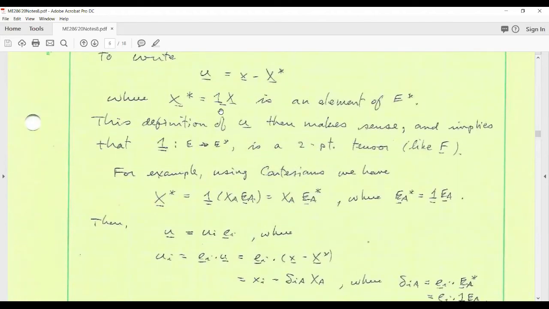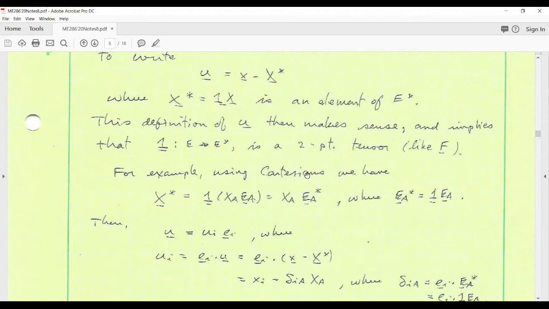Okay. So this definition makes sense, as we've indicated. And it also implies that this object 1, it's a map of vectors into vectors, so we identify it as a tensor. It maps E to E star, so it's a 2-point tensor just like F.